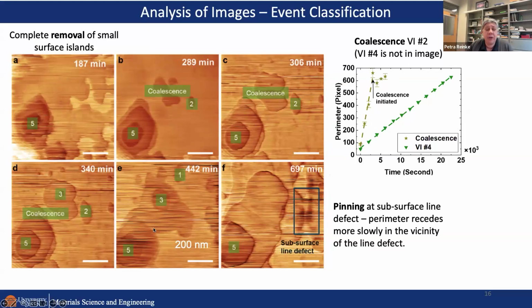You can see that happen a lot here. Island number 3 looks somewhat like the head of a horse. And you have cases where the subsurface line defects actually pin the progression of the etching, and you can see these little corners develop because the recession is delayed if you move along a line defect. We call that pinning, and it's also seen quite frequently.